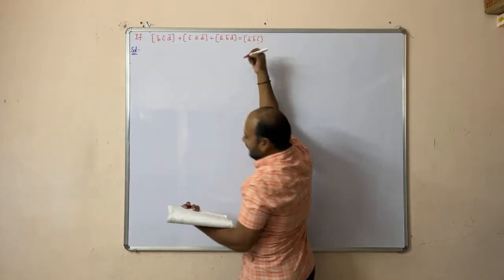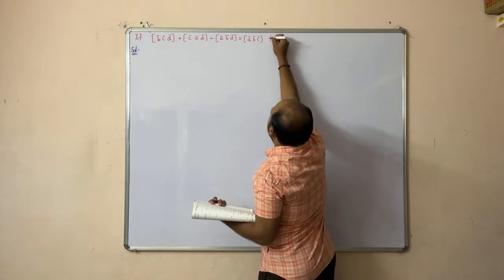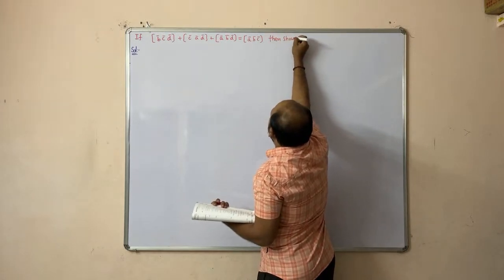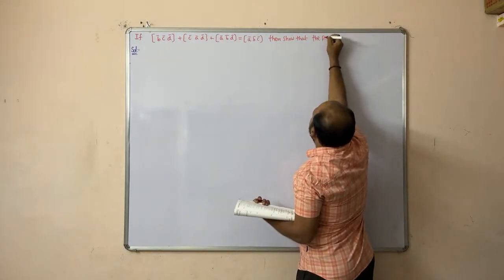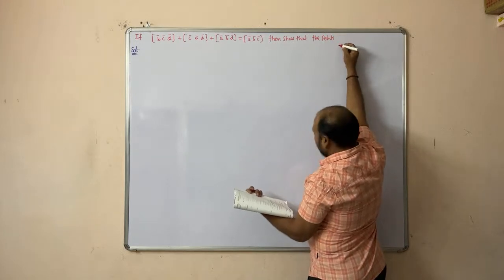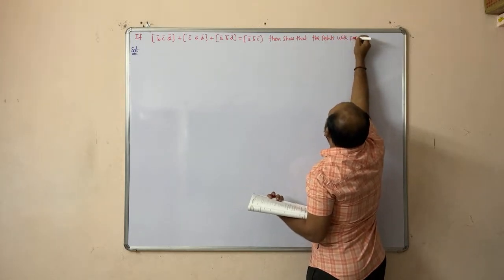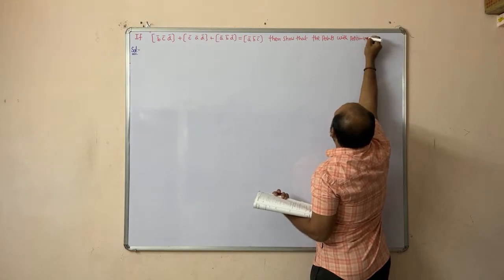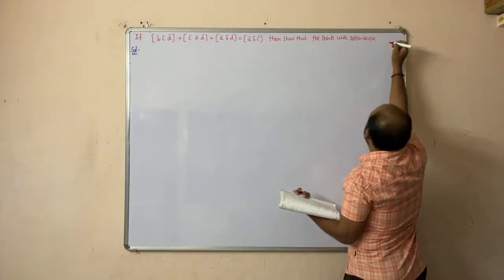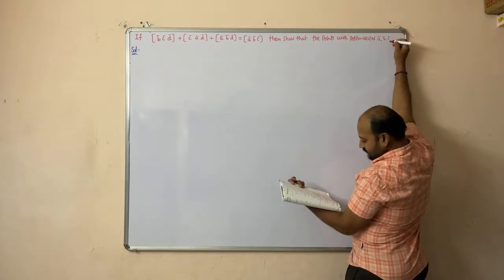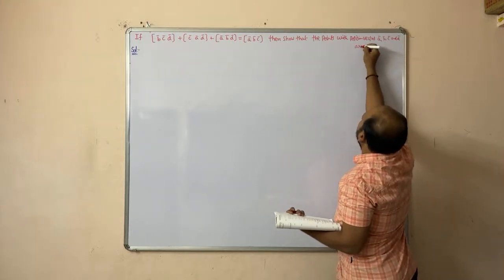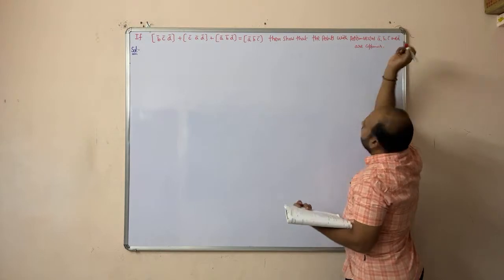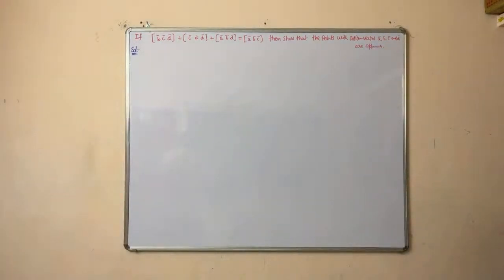We have to prove this result, then show that the points with position vectors A bar, B bar, C bar and D bar are coplanar. So when the points are coplanar, they are asking to prove this result. I hope you understand.